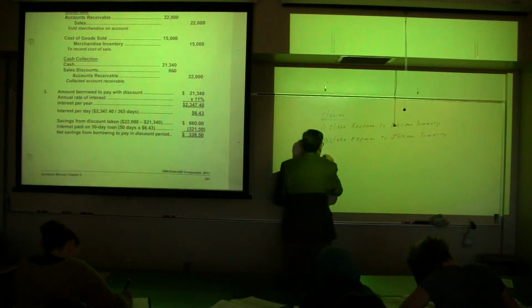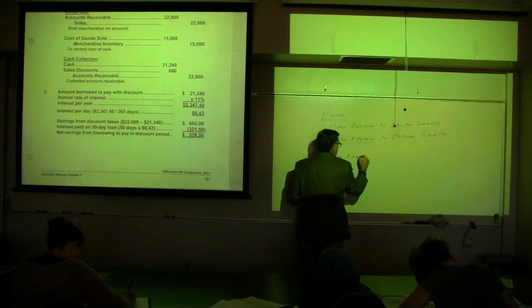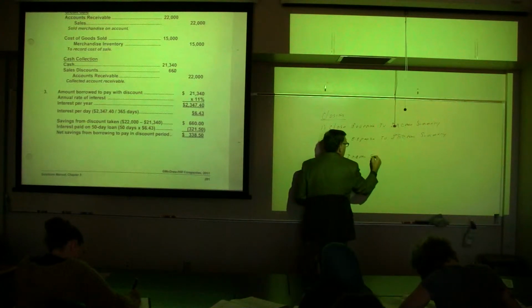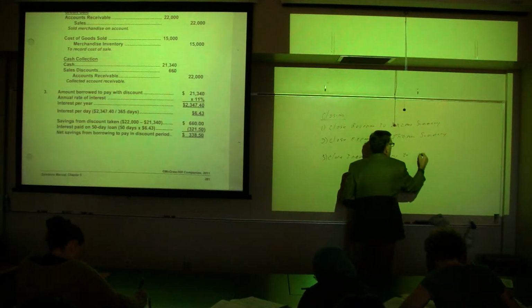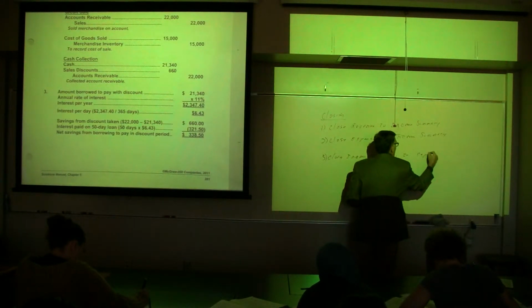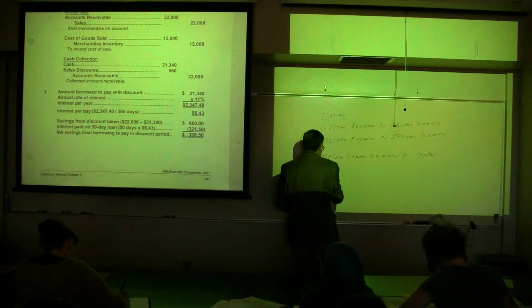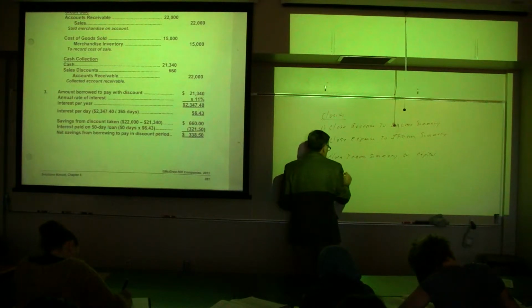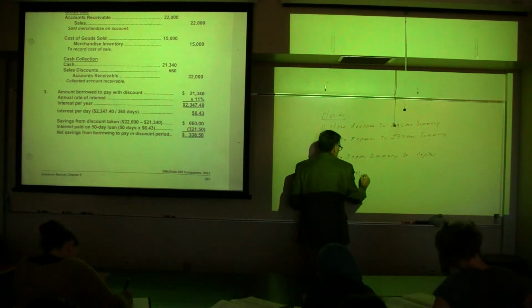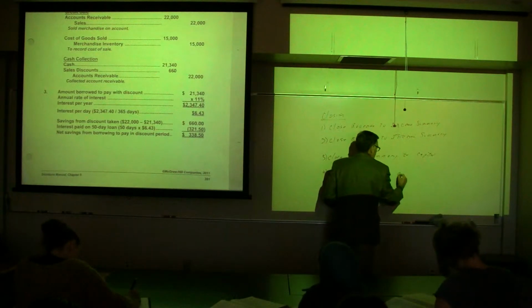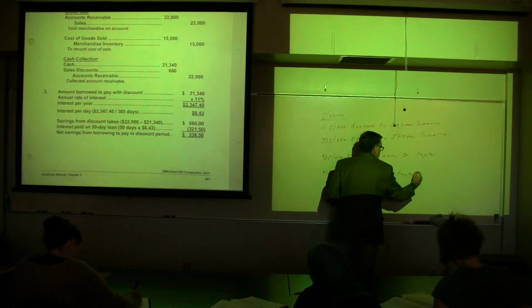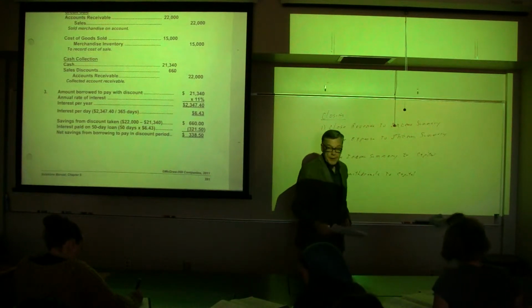Step 3 is you close income summary to capital. And then step 4 is you close withdrawals to capital, right? So these are the 4 steps we've been working with.